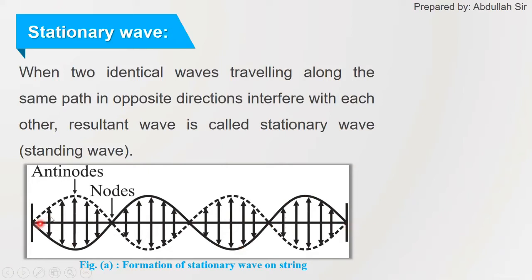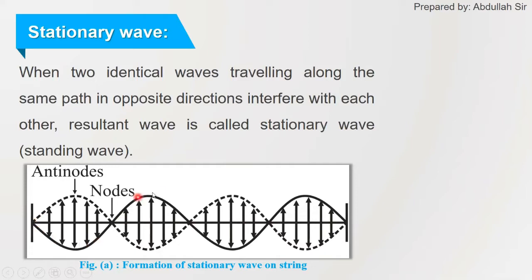Here you can see the portion of the wave which is a solid line indicating one wave, and this wave is reflecting from this rigid support, and after reflection we will get this dash line. When this solid line and this dash line both interfere with each other, we will get a stationary wave.